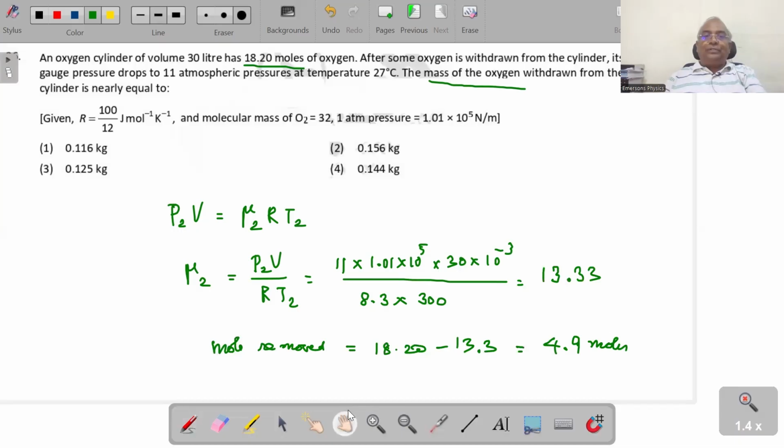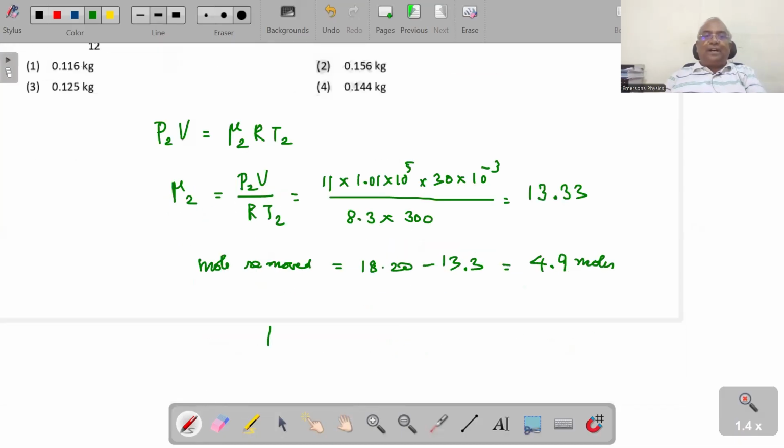You know the formula for the number of moles: small m by capital M. So mass is equal to mu into capital M, the atomic weight.